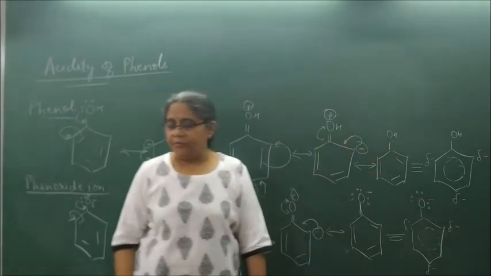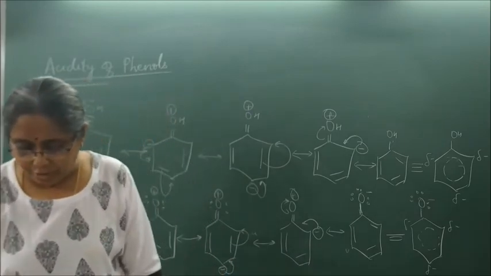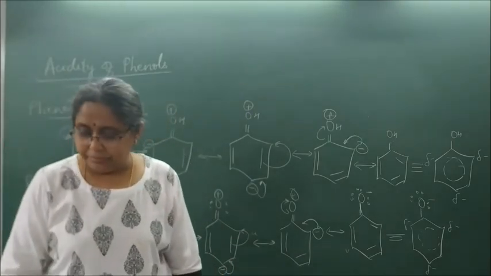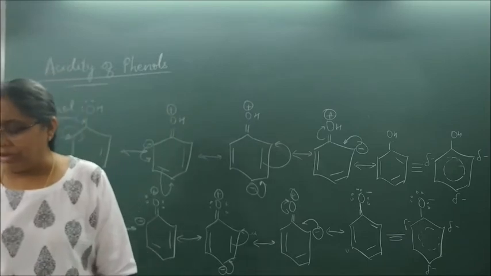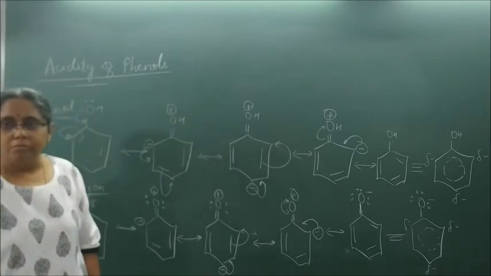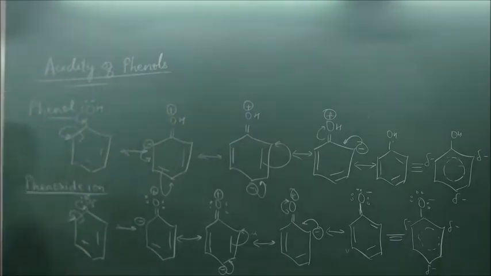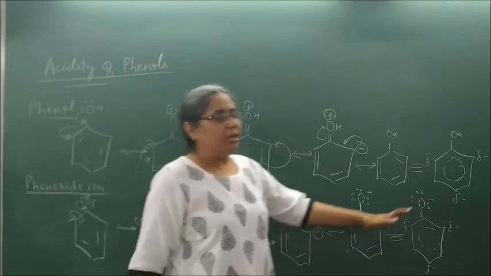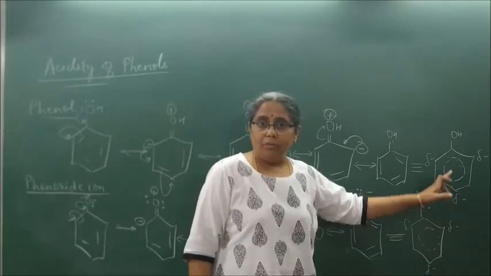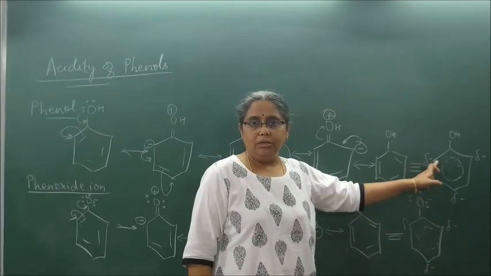This is how you will have resonance hybrid in phenol and phenoxide ions drawn. Please check, this is for phenoxide ion and this is resonance. The last one, if you can see, this is the resonance hybrid. Can you see it here?